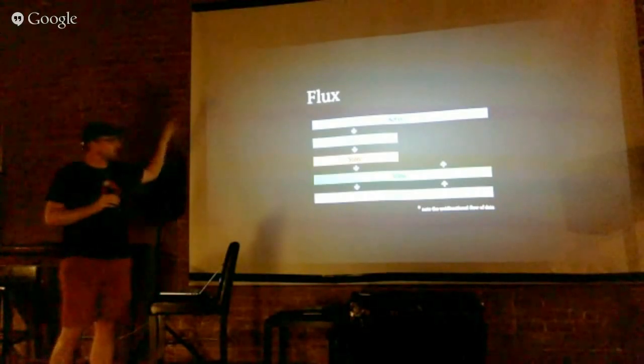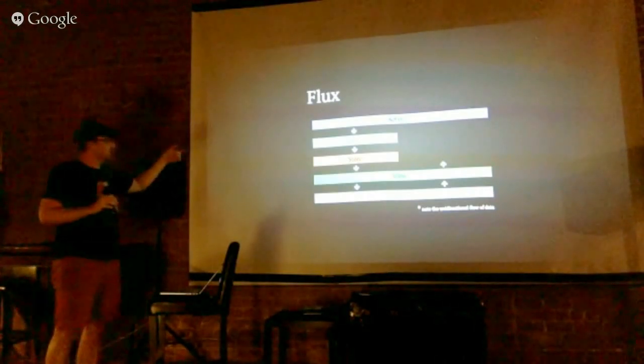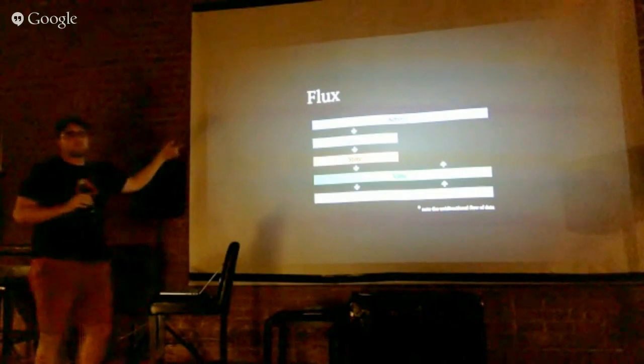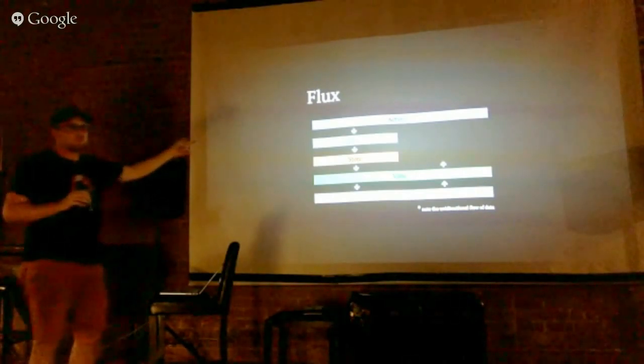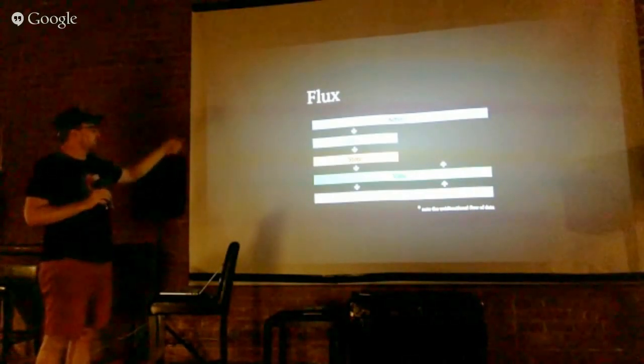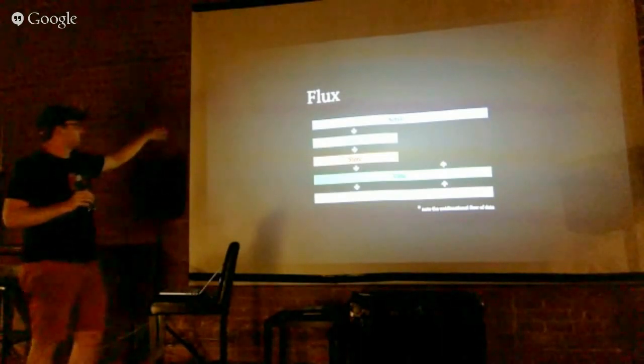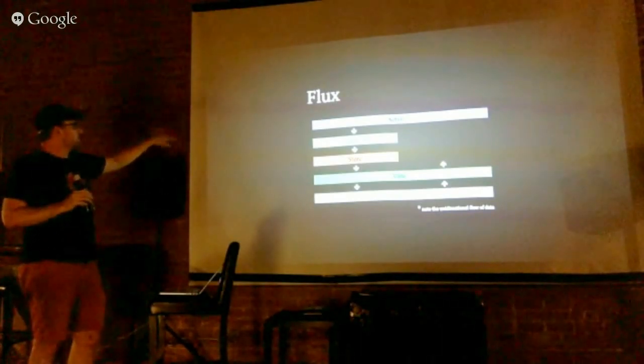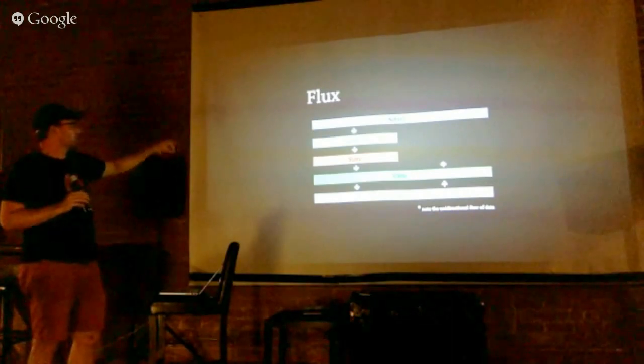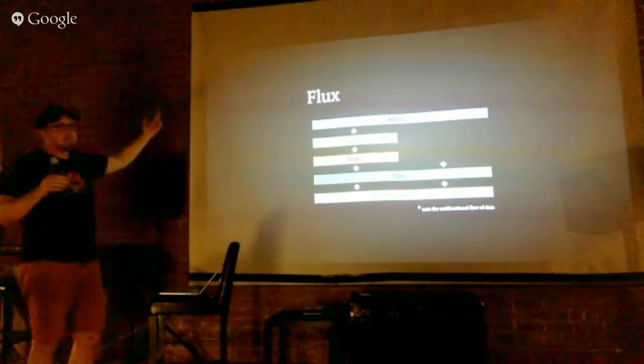So here's Flux as Facebook says. If this was MVC or something, you would have arrows going both ways between some of these, which is what makes this so powerful. You've got your action, your dispatcher, your store. An action is basically your normal event.